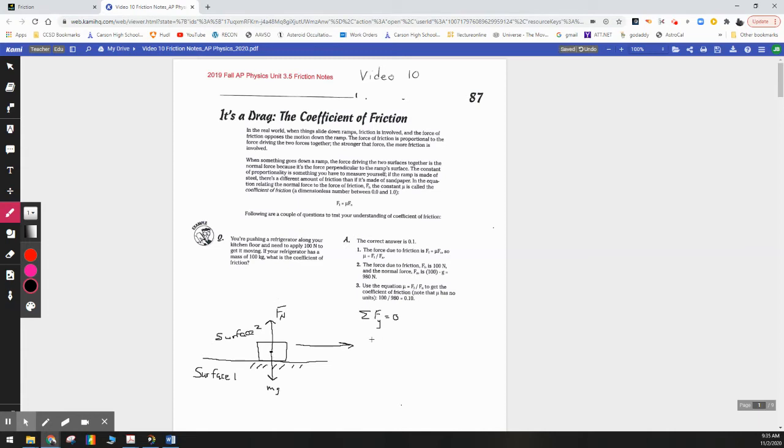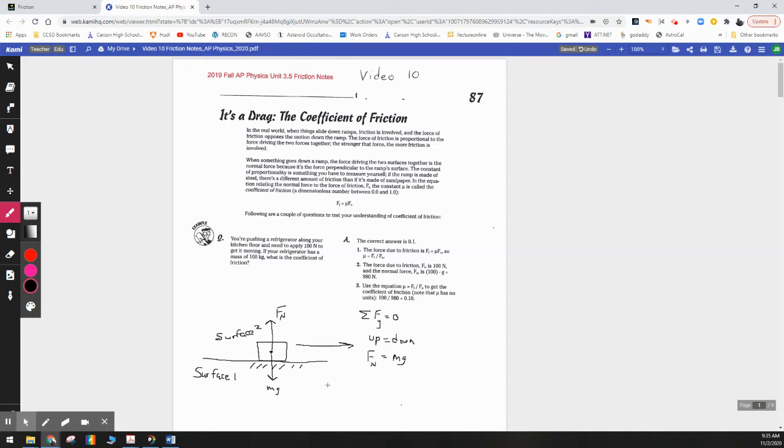So when it equals 0, what we can conclude is that up is equal to down. If we do it this way, by convention, there's no negative sign. So up equals down. The only force going up here is the normal force, and the only force going down is mg. So the normal force equals mg.